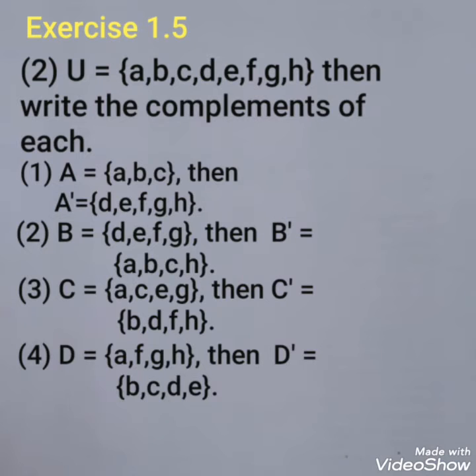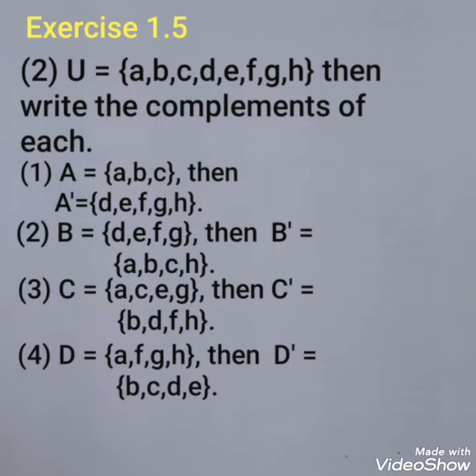Now the third sub question is C equal to a, c, e, g, meaning C contains 4 elements. Now we have to write its complement C'. So the elements present in the universal set U but not present in C are b, then d, then f, and then h. So the complement of C contains the elements b, d, f, h.